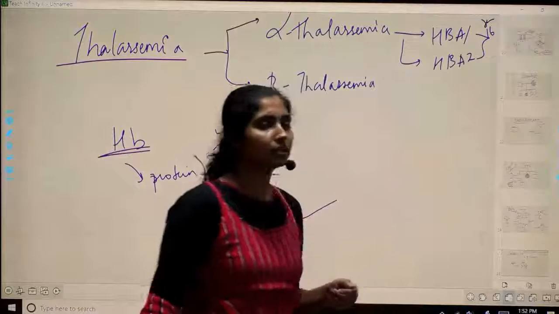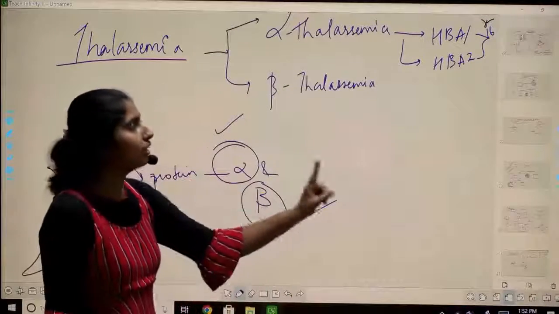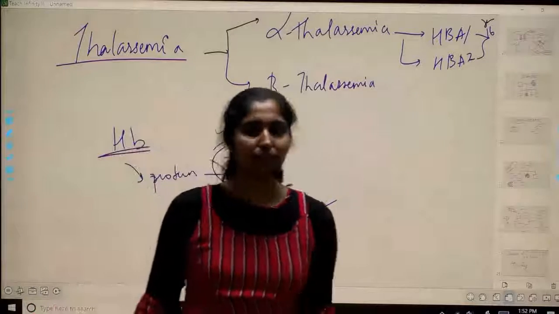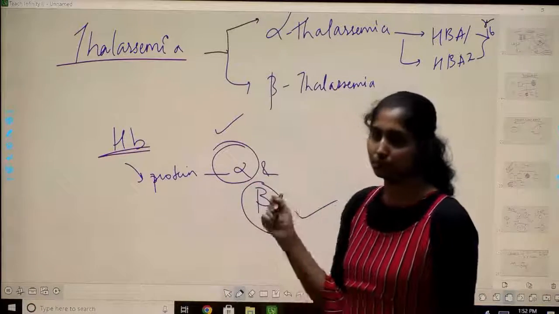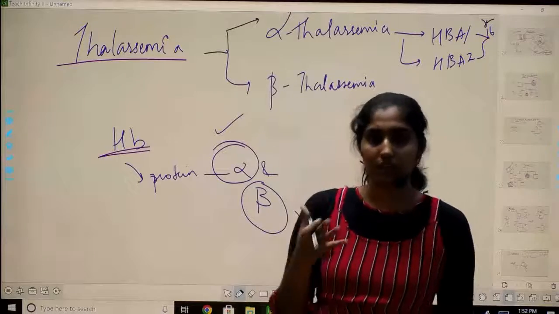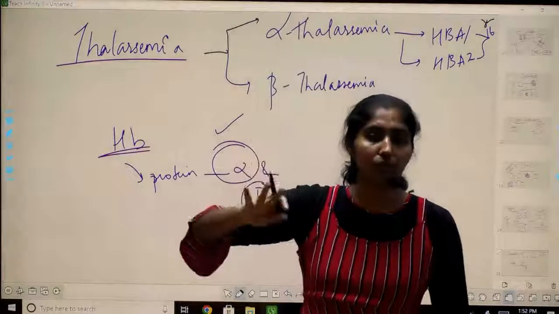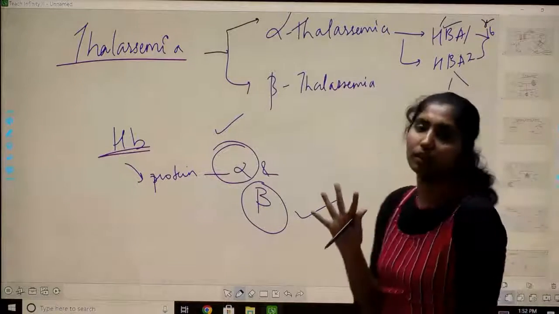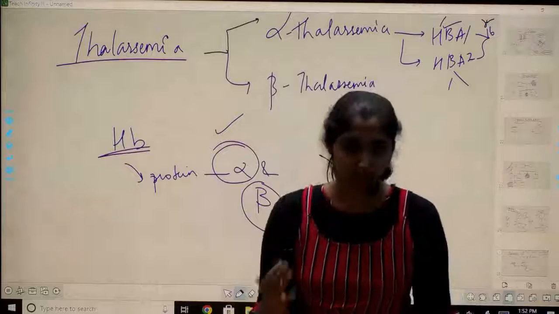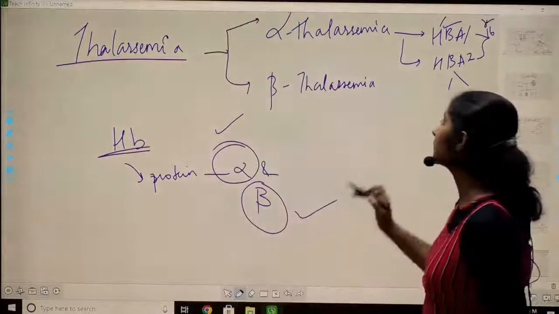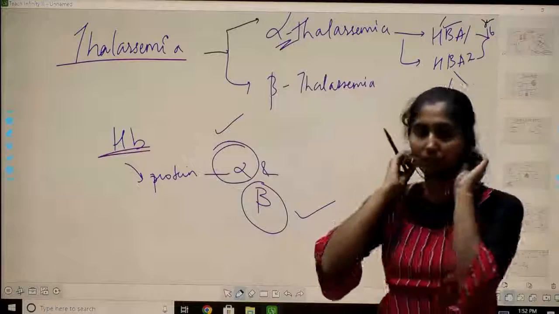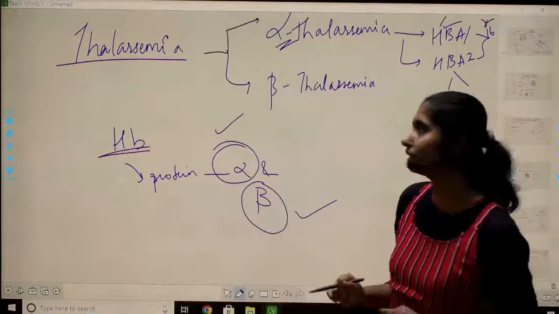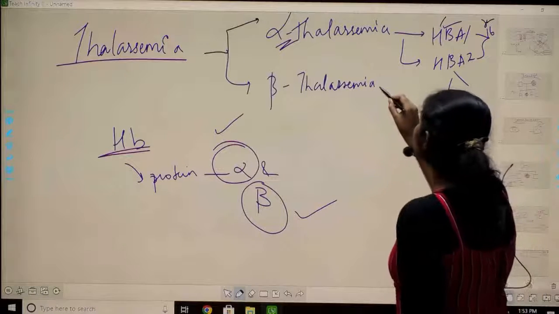There are 2 genes and we have 2 alleles of each gene, so there are 4 alleles. Depending on the severity of mutation, the person is affected. The production of alpha chains can be severely reduced, or they may be absent altogether. Now let's move to beta thalassemia.